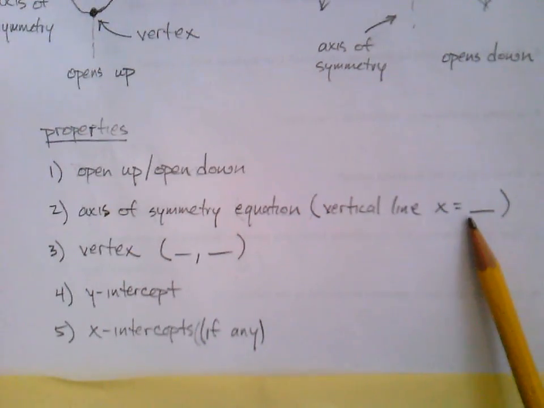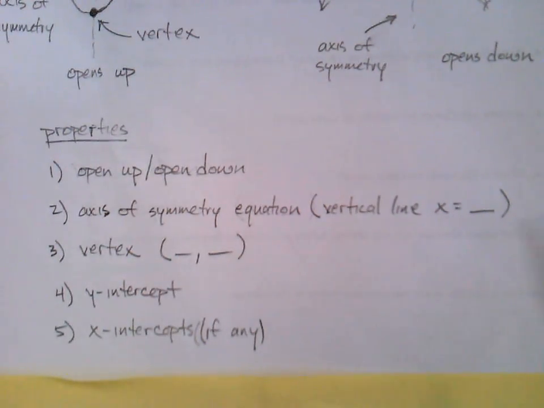That value of x tells us where to plot it on the graph, but it's the entire vertical line. Then, once we have the axis of symmetry, we can identify the vertex. It's an ordered pair, with an x coordinate and a y coordinate. I left those as blanks.